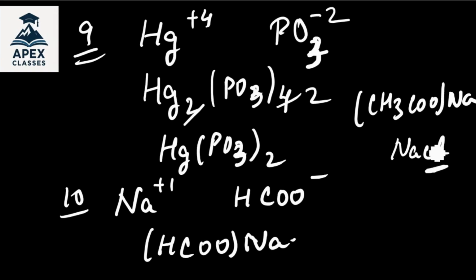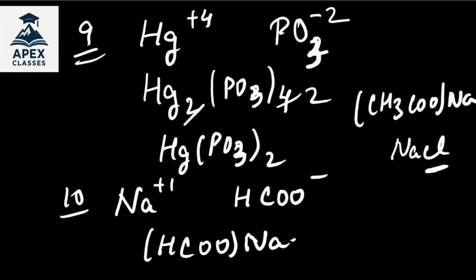But when writing the organic part, like formate or acetate, we always write it this way, just like you write your name first and then your surname. Many countries do the reverse, but we will write it this way. CH3COO is the anionic part which comes first, and Na, the cationic part, goes behind. So sodium acetate is CH3COONa and sodium formate is HCOONa. I hope this is clear.